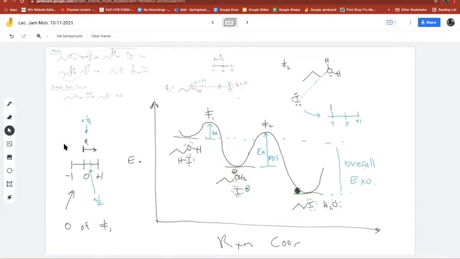So it's going this way. And its transition state is reactant-like, so it's going to be over closer to -1. So for this one, I could say something like -3/4, or delta minus, like a lot of minus.